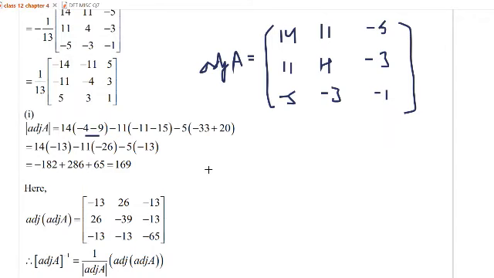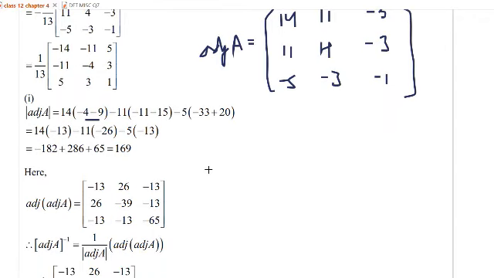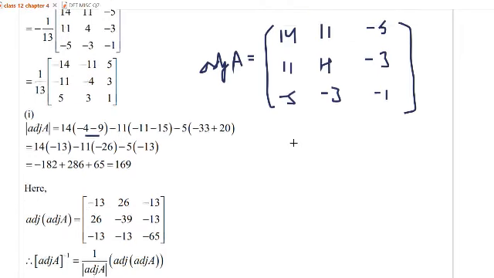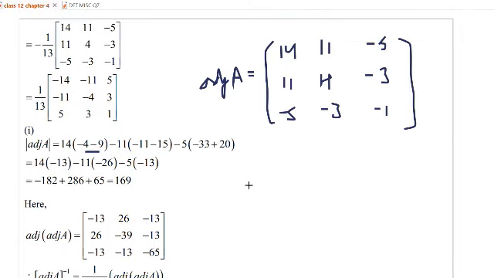Now I need to find its adjoint also, for which first of all I need to find the cofactors. So in short version I am doing here. First cofactor: hiding this 14 by row and column, I'll get minus 4, minus 9, that is minus 13. That is minor 1, 1.